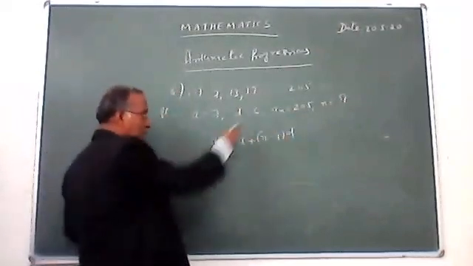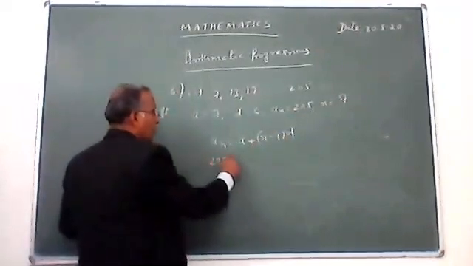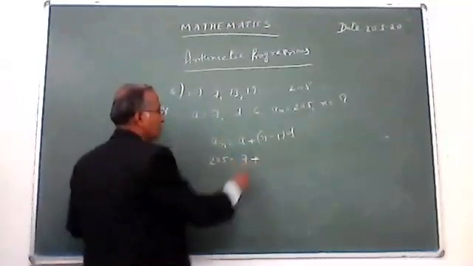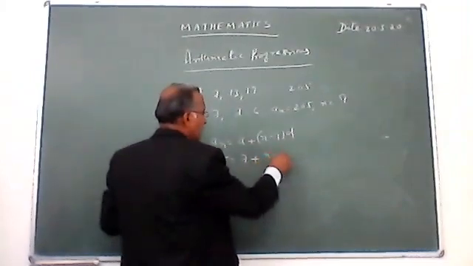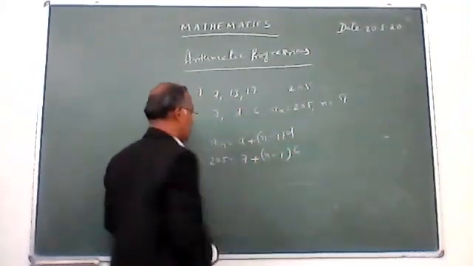So what is an here? 205. What about a? 7. N, we have to find out, how many terms are there. The common difference is 6.